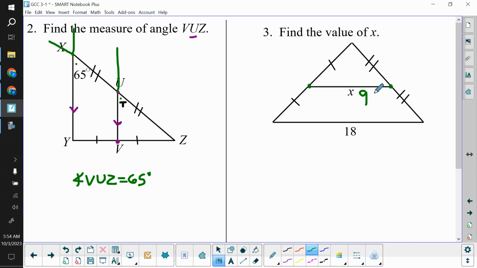Or in other words, if you wanted to set it up as an equation, if you double the midsegment, that should equal the third side. So 2x would equal 18, and when you divide both sides by 2, that would give you that x equals 9.